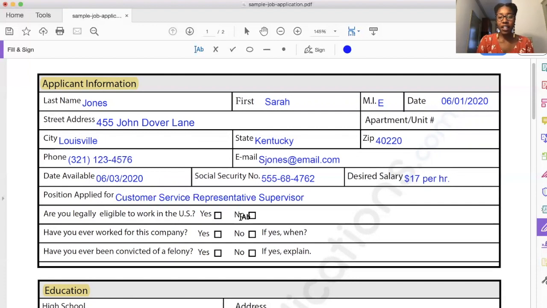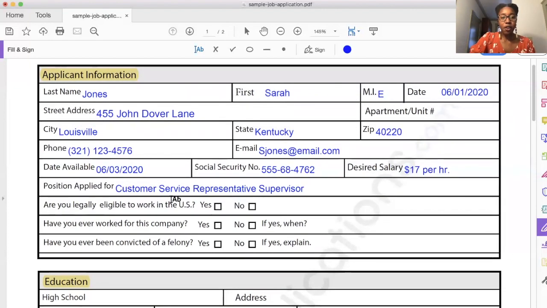So a supervisor is someone that leads, helps, and supports other coworkers. A supervisor could also be called a boss. So Sarah wants to be a customer service representative supervisor. She wants to help other customer service representatives with their jobs.